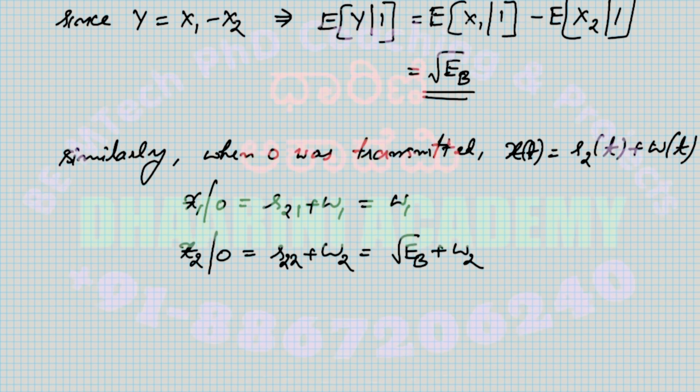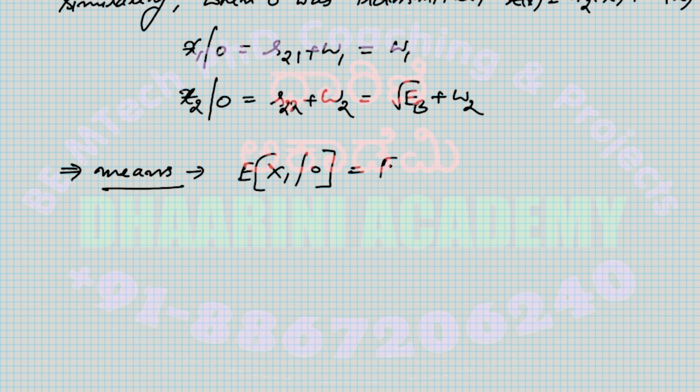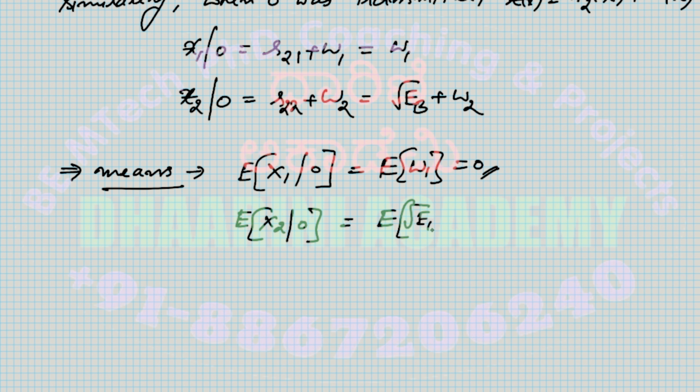Right. Now you try to calculate the mean value of both of them. This implies I'm going to calculate the mean. How do you calculate? The expected value of x1 when 0 was sent is equal to s21 plus w1, which is just w1. So the expected value of the noise is equal to 0. Similarly, the expected value of the second one, x2 when 0 was sent, is simply the expected value of root Eb plus 0.